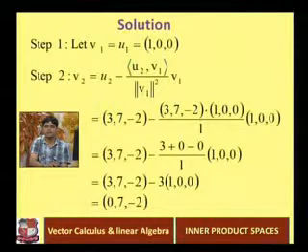Write the values: u2 is (3, 7, -2), and the inner product of u2 and v1 is (3, 7, -2) times (1, 0, 0).